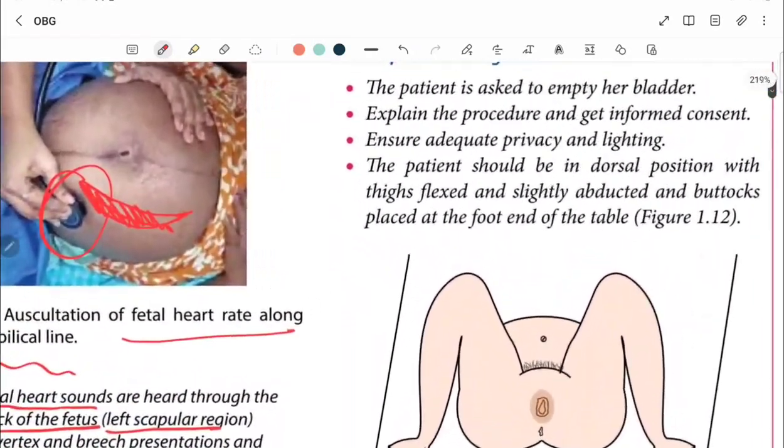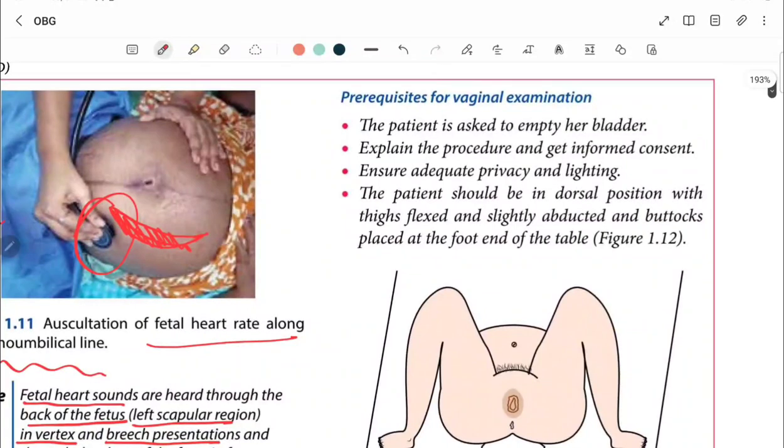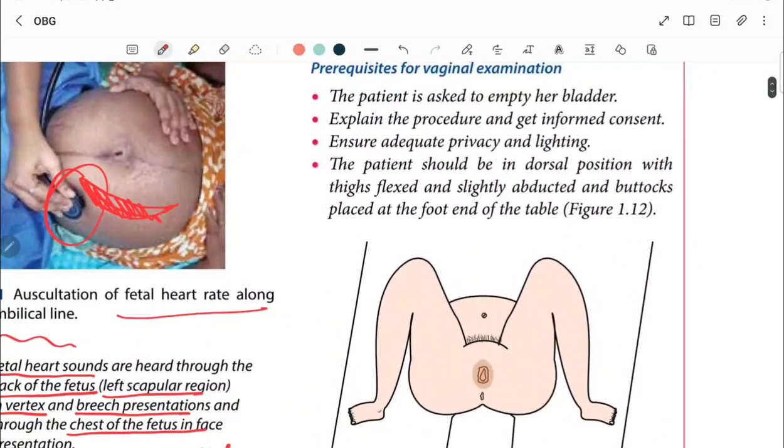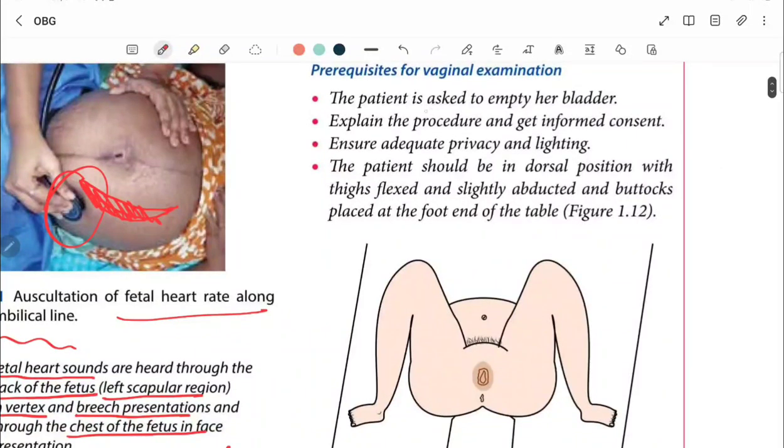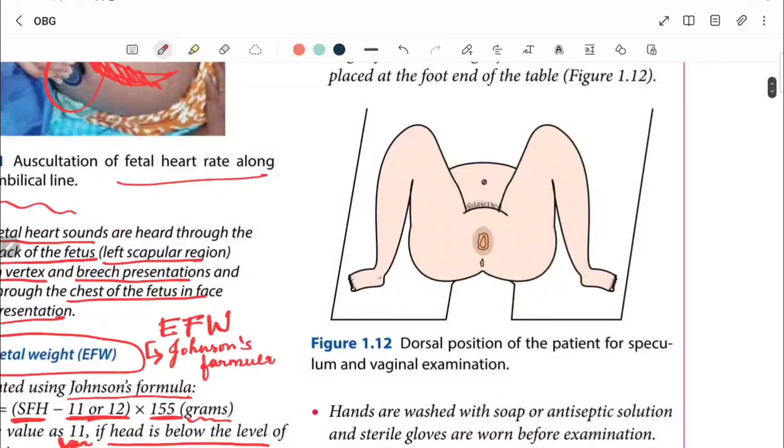So what are the prerequisites for vaginal examination? The patient is first asked to empty her bladder, explain the procedure and get informed consent, ensure adequate privacy and lighting. The patient should be in dorsal position with thighs flexed and slightly abducted and buttocks placed at the foot end of the table.